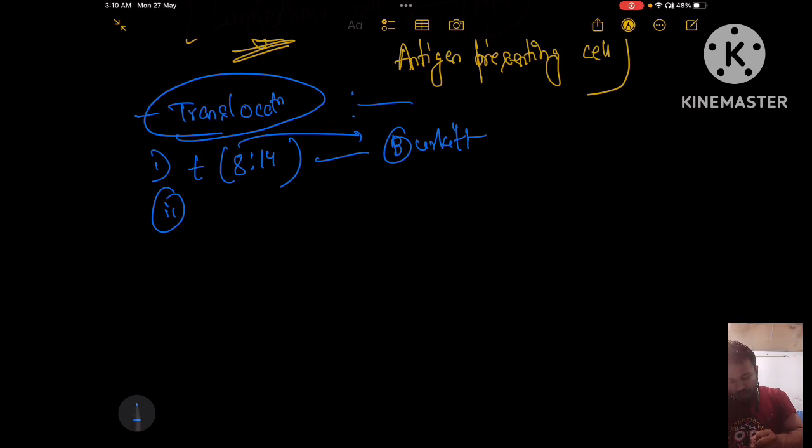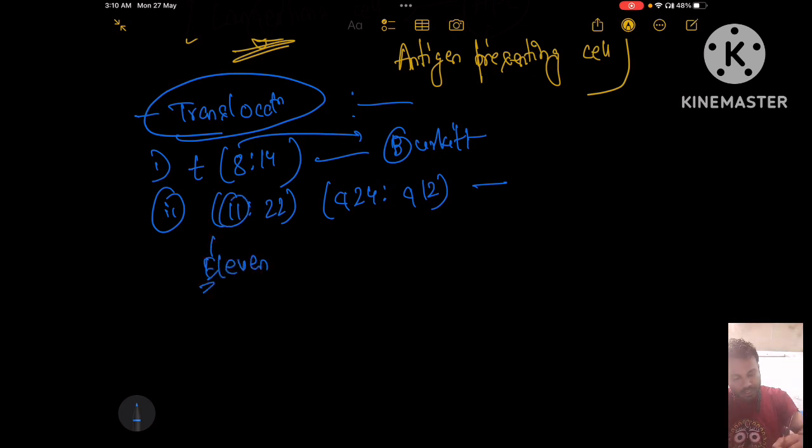Next, t(11;22)(q24;q12). It is 11, so Ewing sarcoma.